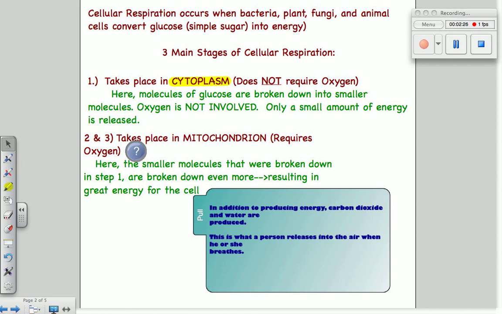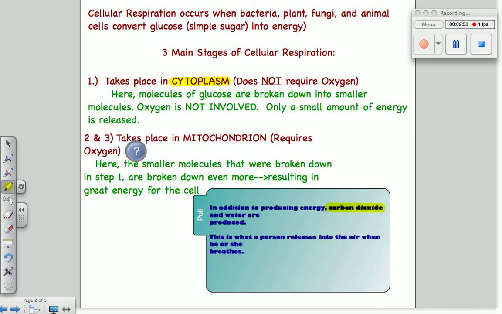Now, what's interesting is you release carbon dioxide when you breathe out. And remember when we were talking about plants, they need carbon dioxide. So it's kind of this reverse cycle between cellular respiration and photosynthesis, but they work beautifully together because whatever we give off, plants need, and whatever plants give off, we need.